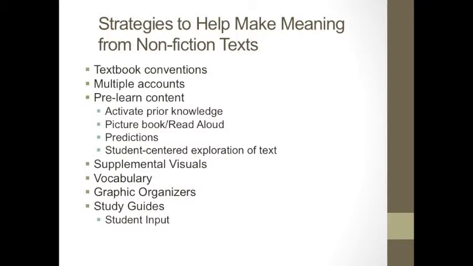What I just mentioned around supplemental visuals, thinking about what kind of vocabulary you'll need to scaffold students' attention to and to help them understand the vocab, graphic organizers, which I'll point out in a moment, and then study guides with student input, places where students can record their thoughts and annotate their ideas as they're reading a text.